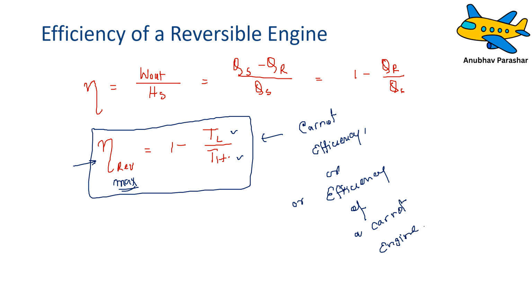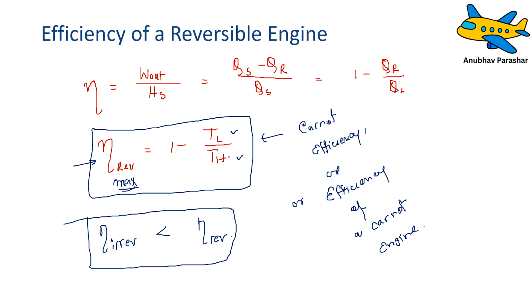So this is the maximum efficiency a reversible engine can reach, right? No doubt we might not be able to have the exact efficiency. So you can say any efficiency of an irreversible cycle will always be less than the efficiency of a reversible cycle. So we now have a maximum limit of efficiency and we should always try to achieve it.